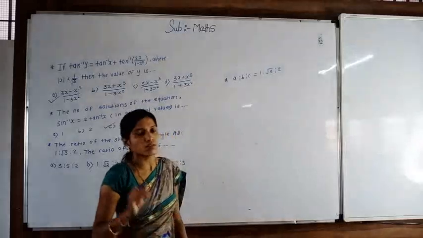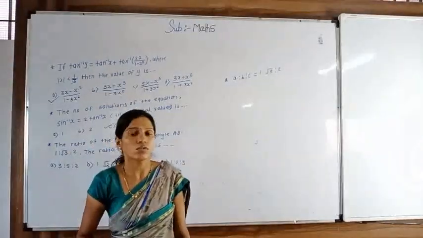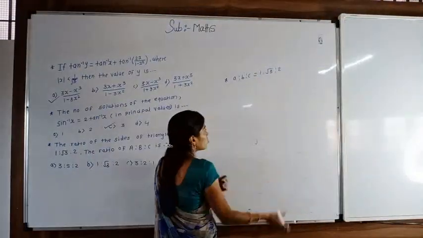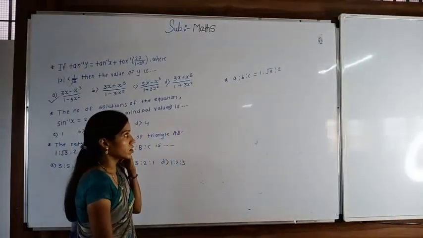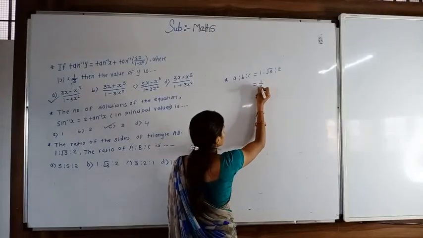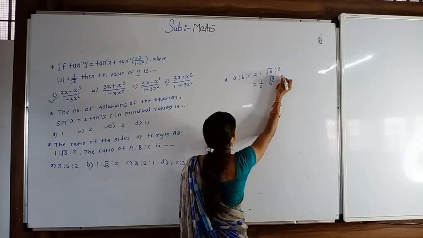So using this information we have to find the ratio of the angles of triangle ABC. So see here, first dividing each term of this ratio by 2, we can write 1 by 2 is to root 3 by 2 is to 2 by 2.